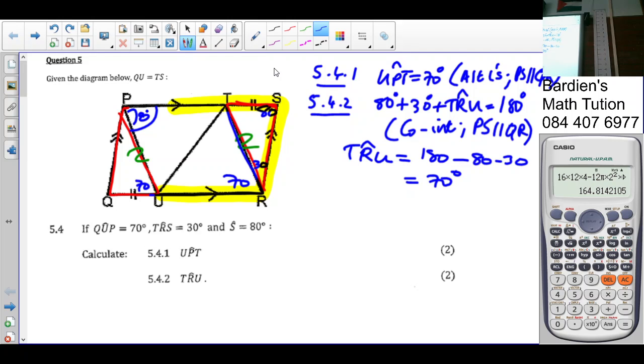The reason for that is because it's what we call a breakdown. You are assuming something that is not true or hasn't been proven yet at this point. You guys understand? So you will be penalized for it.